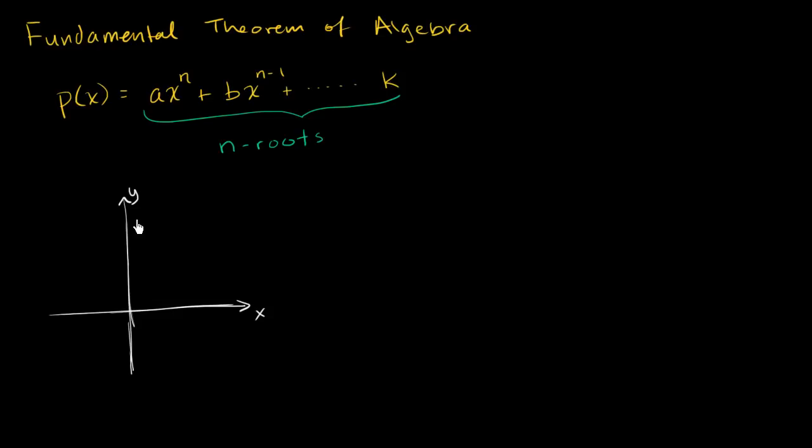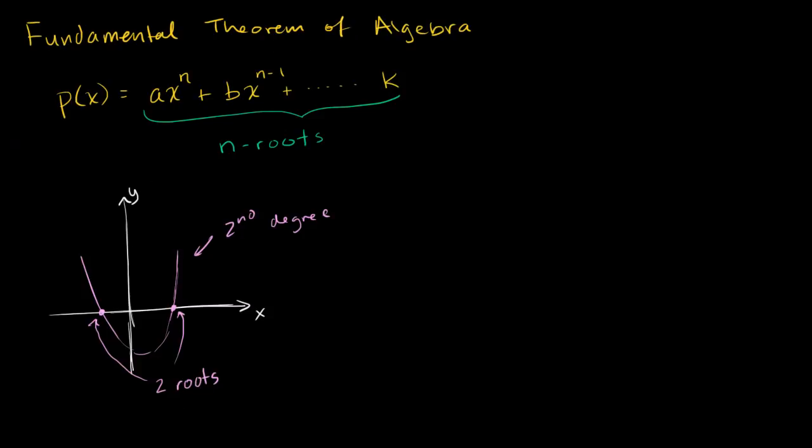We know a second degree polynomial would define a parabola. So it might look something like this. And you could buy that. Okay, this is a second degree. And you see that this function equals 0 in exactly 2 places. It has exactly 2 roots. So that seems consistent with the fundamental theorem of algebra.